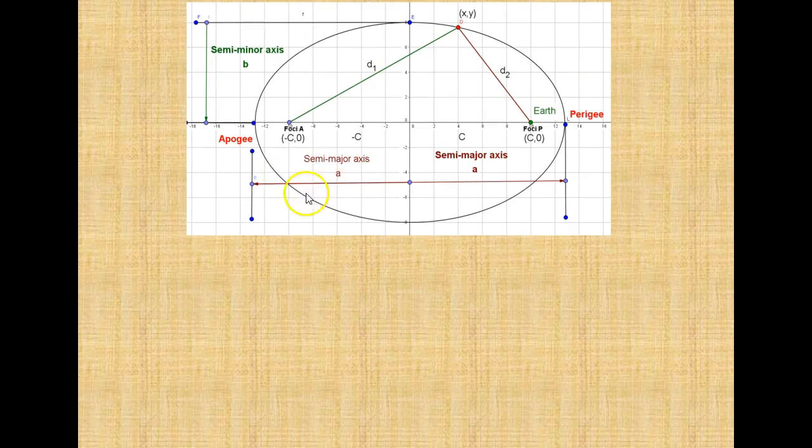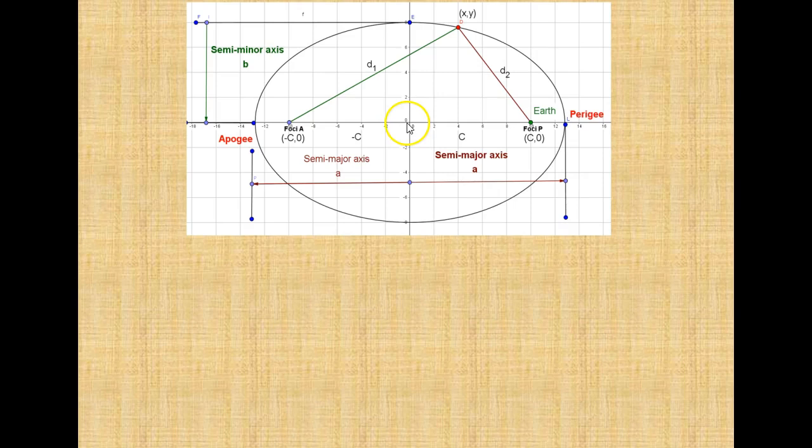So let's talk about this ellipse. At the foci P, we have Earth, and at point D, we have some satellite that's orbiting Earth. We call the distance from foci P to D, D2, and from foci A to D, D1.